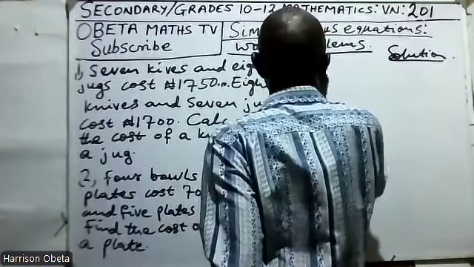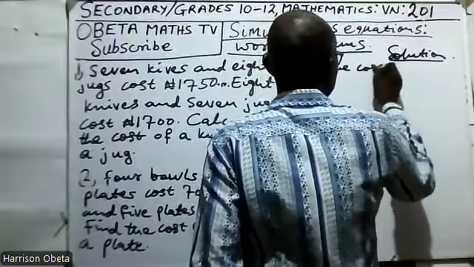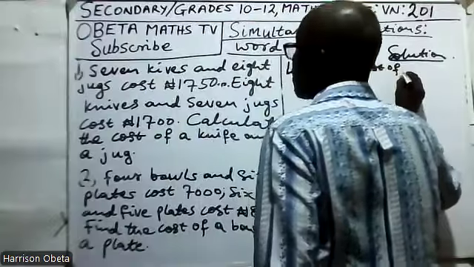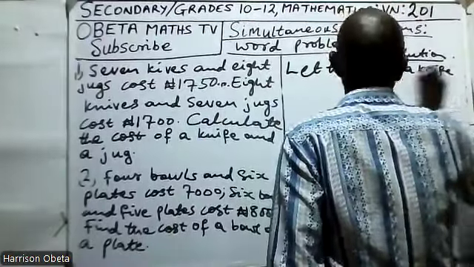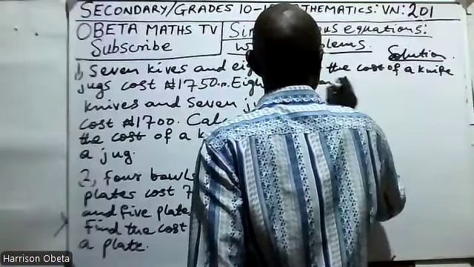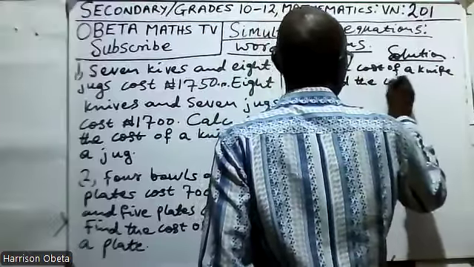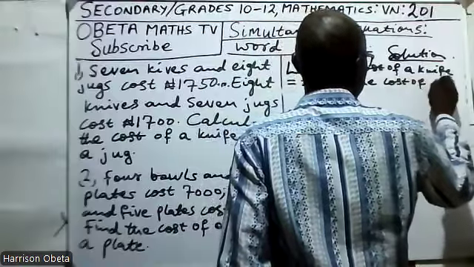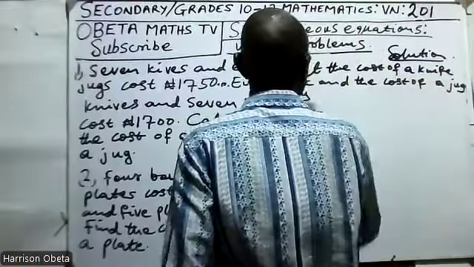So let the cost of a knife be equal to x and the cost of a jug equal to y.